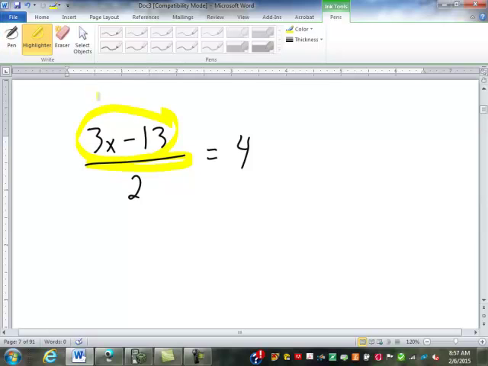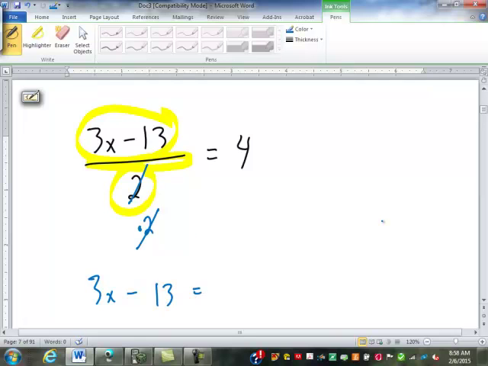So what that's telling us is when this equation was built, the last thing that was done was dividing everything by 2. So as we start to take this equation apart, the very first thing we have to do is get rid of that 2 by multiplying by 2. So that'll be gone, and it leaves us with 3x minus 13 over here. It just takes off that dividing by 2.